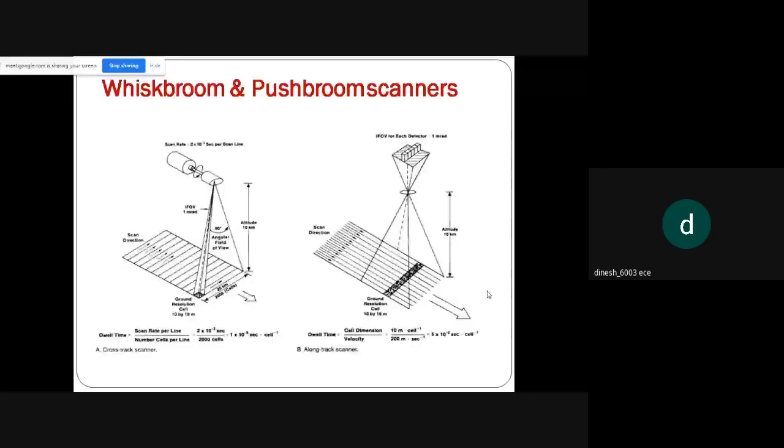Example of whisk broom and push broom scanners, depending upon the application. Diagram A is your whisk broom, diagram B is your push broom. These two images will give you the difference of both cross-track, across-track, and along-track scanners.